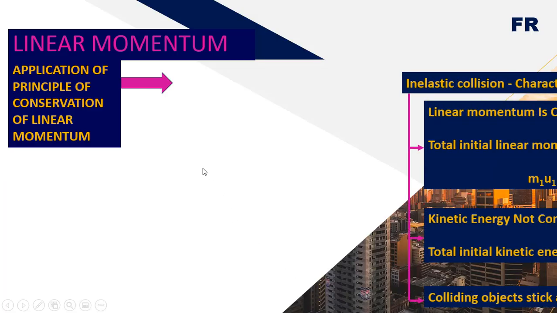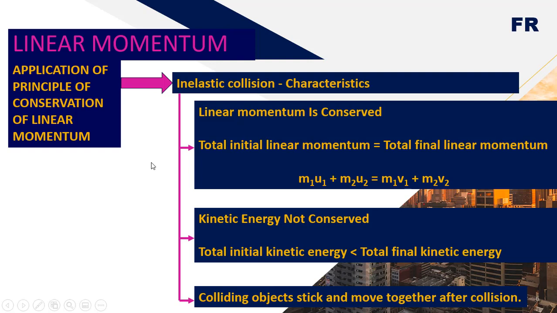Now we look at the second application of the principle of conservation of linear momentum. We call this inelastic collision, and we want to look at its characteristics. The first characteristic is that linear momentum is conserved.